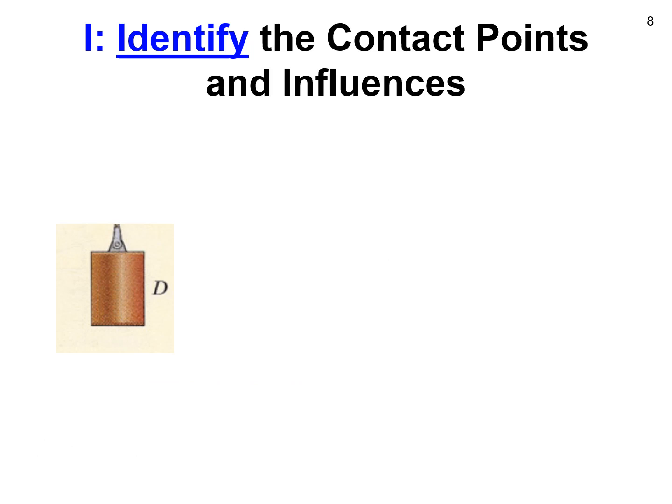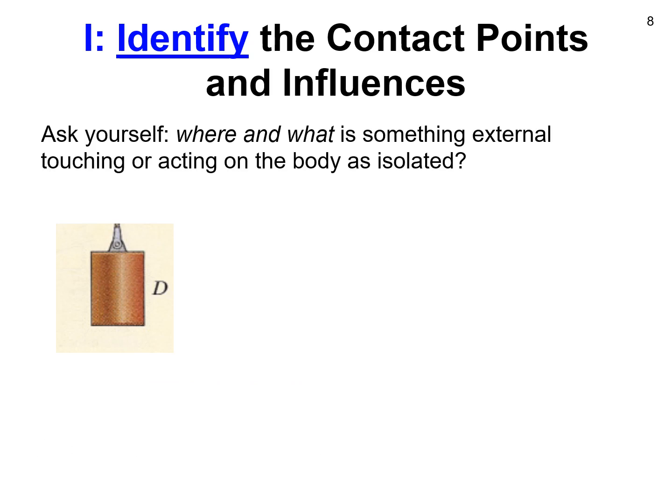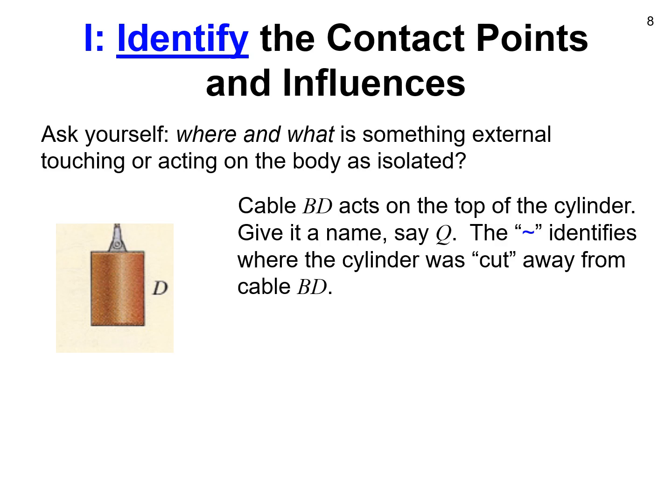Okay, the next step is identify the contact points and influences. So I want you to ask yourself, where and what is something external touching or acting on the body as isolated? So I think it's clear that we imagined cutting away the cylinder from the rest of the system. In particular, there was a cable holding up that cylinder. So the first thing we'll recognize is that the cable BD is acting on the top of the cylinder.